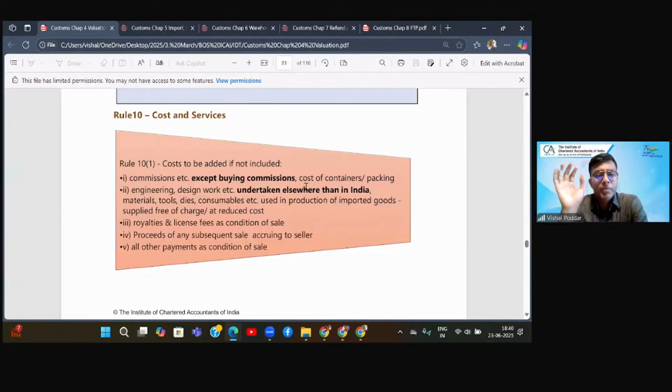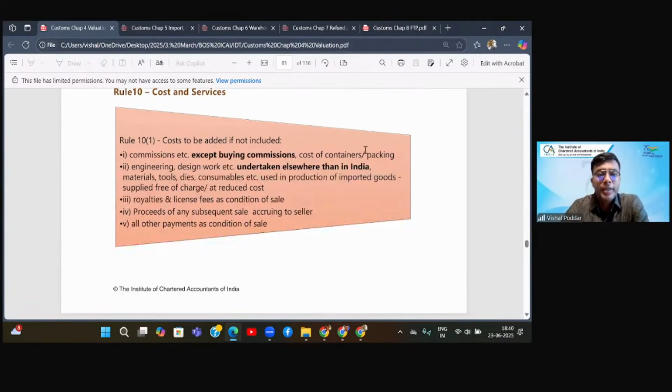Once you have selected the supplier, his role is over. Whatever orders you are placing on that supplier, he is not getting any commission. Such a commission or such charges which you have paid to that person, only helping you to select a supplier, is a buying commission, which is not included. But where you are supposed to pay commission to such an agent on the basis of every import, so whatever quantity or value of import you are doing, some percentage commission you are giving to that particular foreign agent, that is includable.